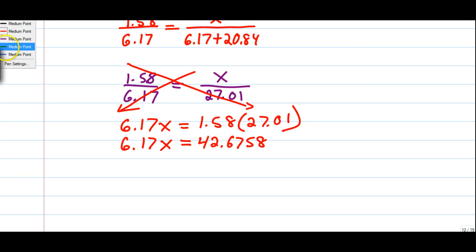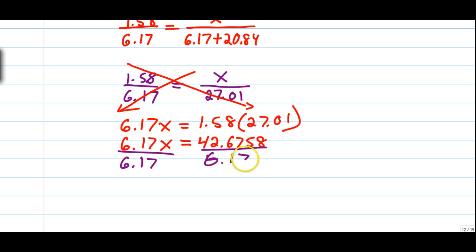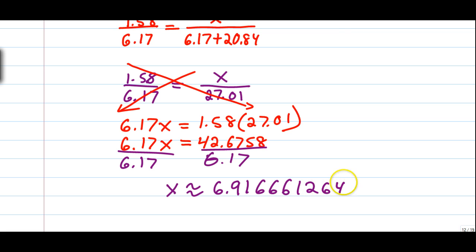Lastly, we want to divide out that 6.17 from both sides of the equation. We're left with x being approximately equal to, if you punch this into your calculator, 6.9166661262.